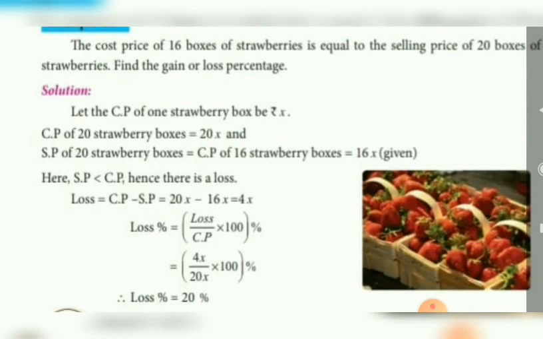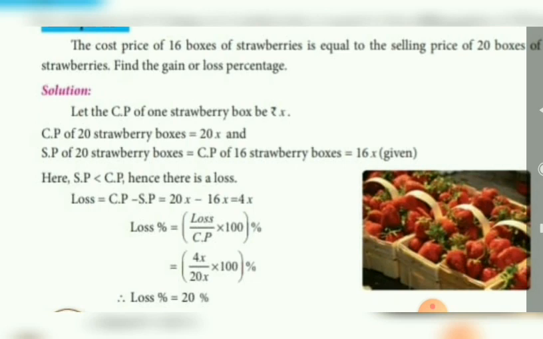The cost price of 16 boxes of strawberries is equal to the selling price of 20 boxes of strawberries. Find the gain or loss percentage. Let the cost price of one strawberry box be x. Cost price of 20 boxes equals 20x. Selling price of 20 boxes equals cost price of 16 boxes, that is 16x. So it is a loss, because the selling price is less than the cost price.